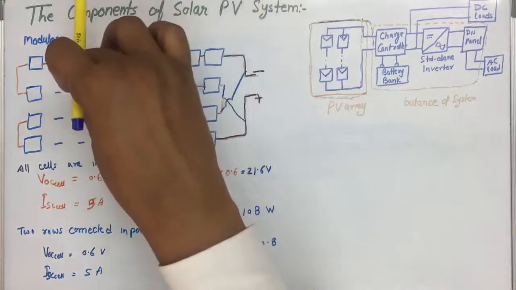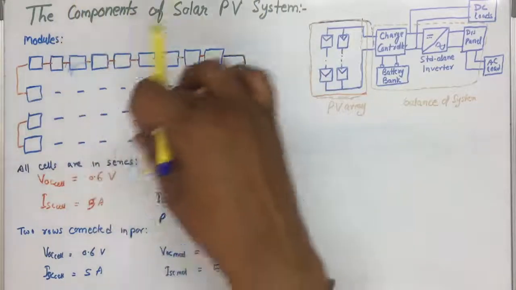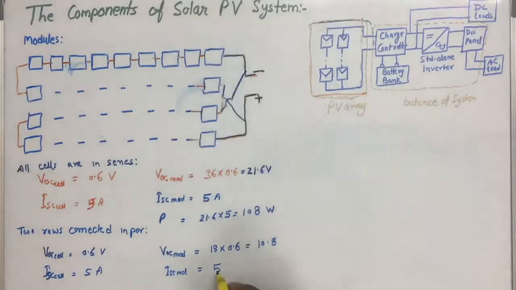This is one, this is another unit, both are connected in parallel, so there are two parallel connections. So it will give 10 ampere current. And the power for this type of connection will be 10.8 times 10, that will be 108 watt.